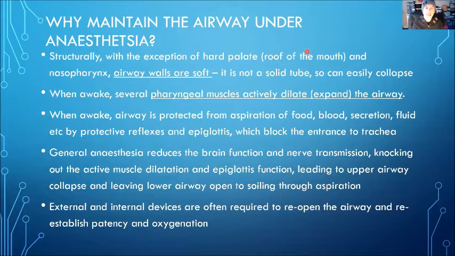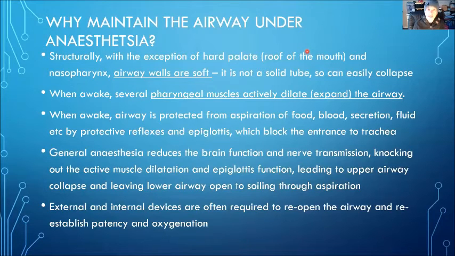when we're awake. And that is because our pharyngeal muscles actively dilate and expand the airway. We've got quite a few, like 9 or 10 pharyngeal muscles, which do nothing else but focus all the time, whilst we're conscious and awake, on dilating or expanding, pulling the airway open all the time.